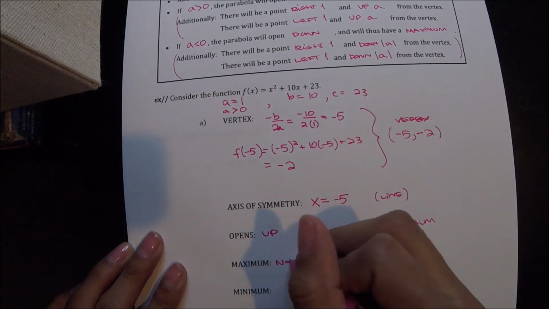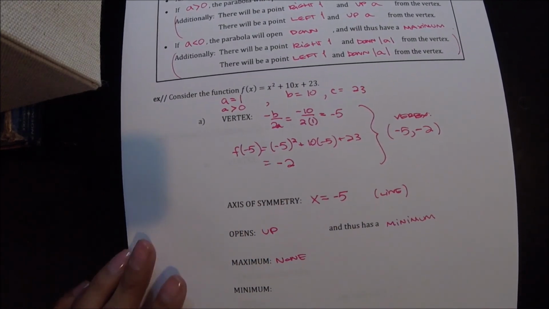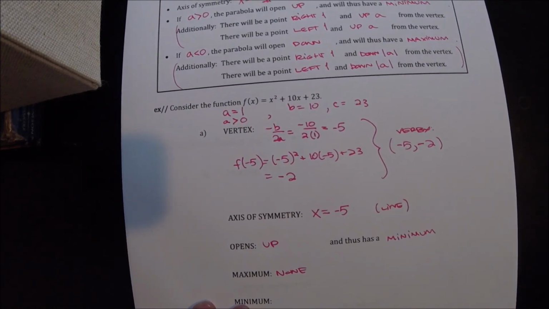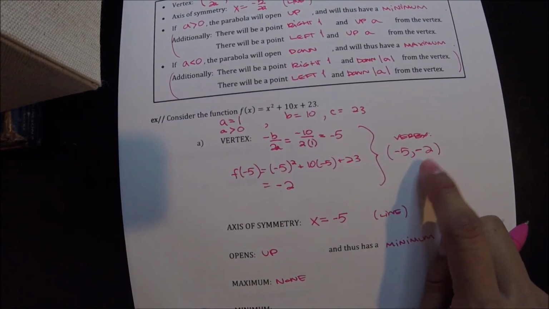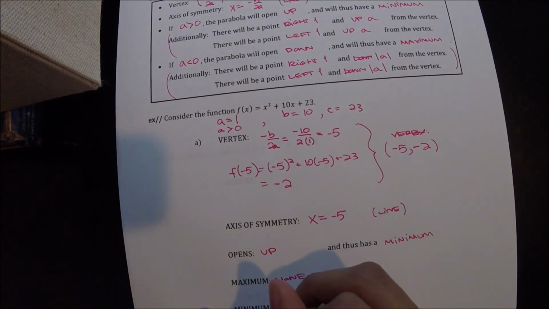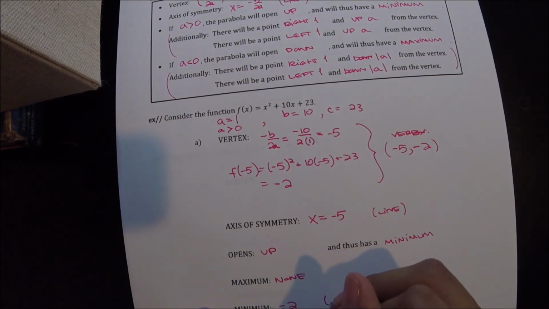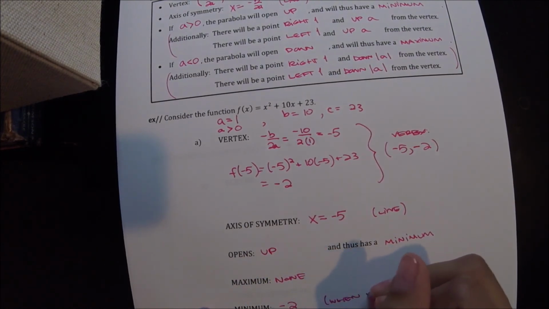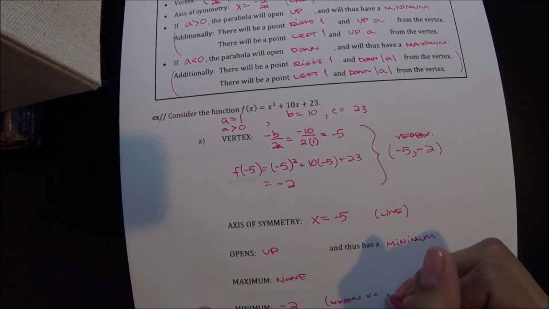So it's not going to have a maximum, none. And the minimum, we can just look at the vertex. We know that's going to be the lowest point that it reaches. So the minimum is the y value, minus 2, and it occurs when x equals negative 5.